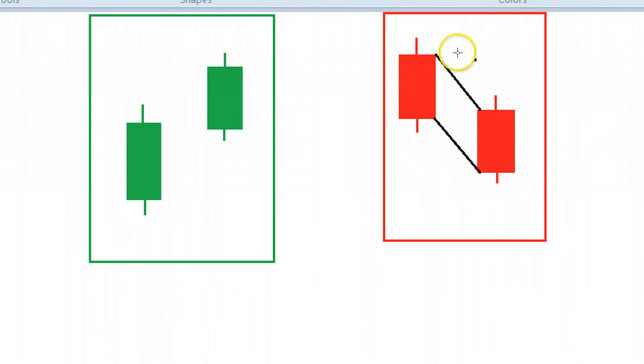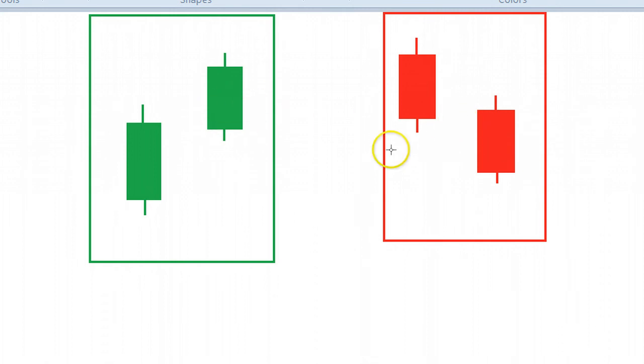The closing price is also low, the high price is also low, and the low price is also low. So in all four factors it is going down, and both are negative candles, wherein the market through the day was facing selling pressure, and the closing price was lower than the open price on both days.